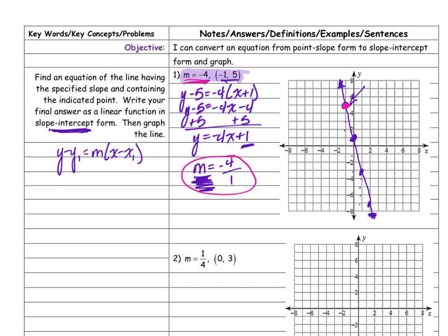Are we okay so far? And then from my point that they gave me, negative 1, 5, I go down 4 and over 1. So 1, 2, 3, 4 over 1 gives me a point. And then I can keep doing that. 1, 2, 3, 4 over 1. Is that a little better? Did I answer your question anyways?